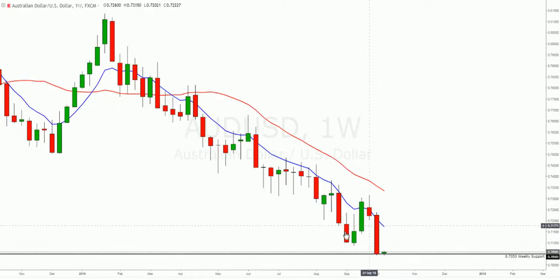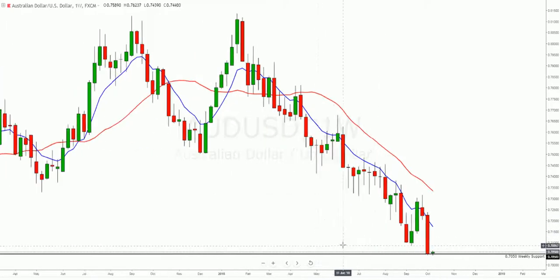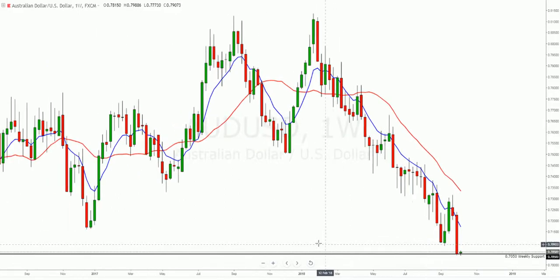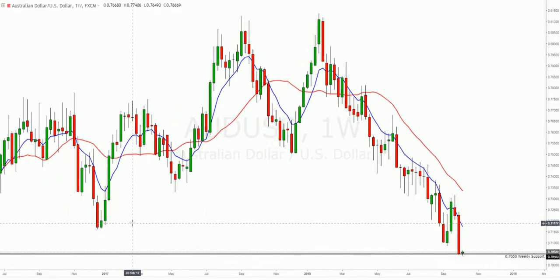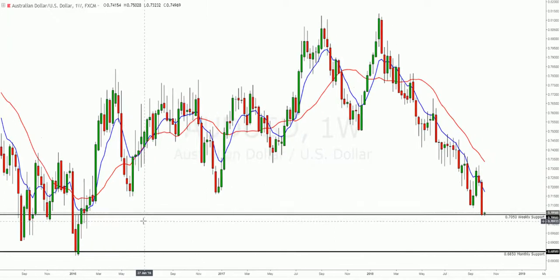So we have now formed new lows, and this is new yearly lows, almost 2 years, as you can see, all the way back in 2016. The start of 2016, we just about managed to come down to that 0.6850 level.